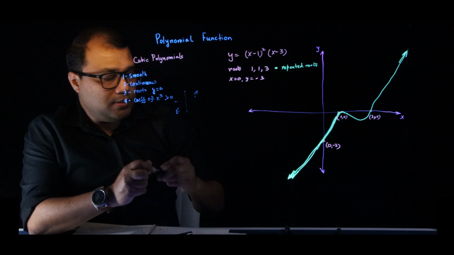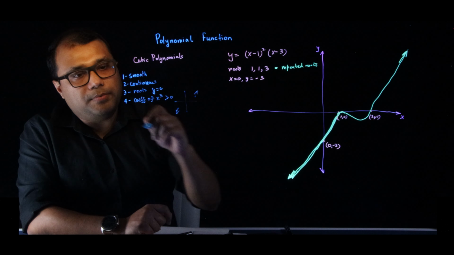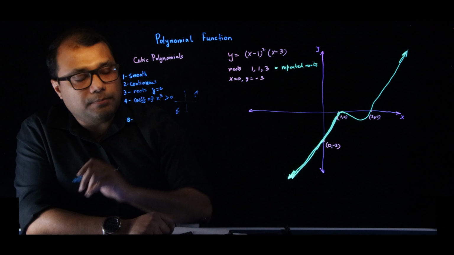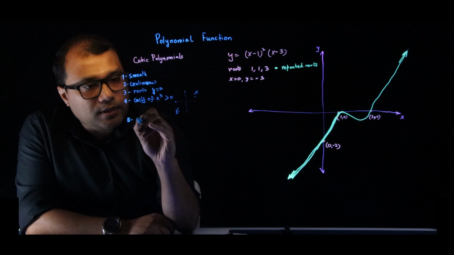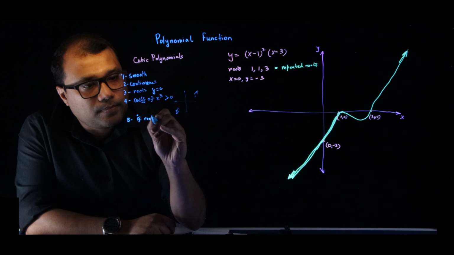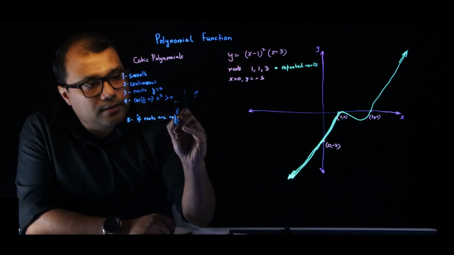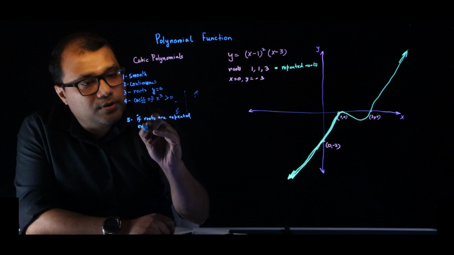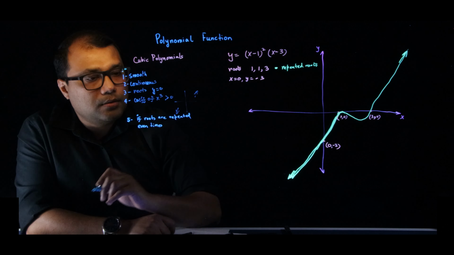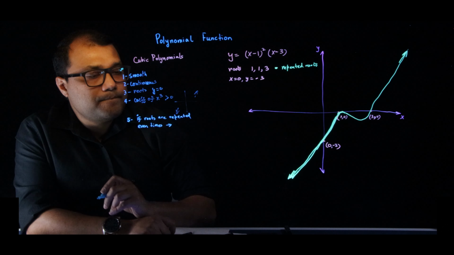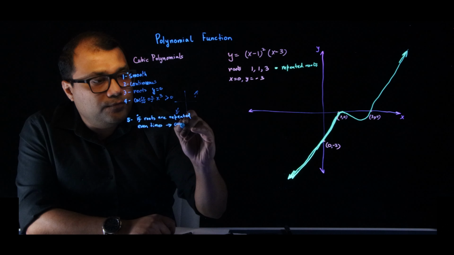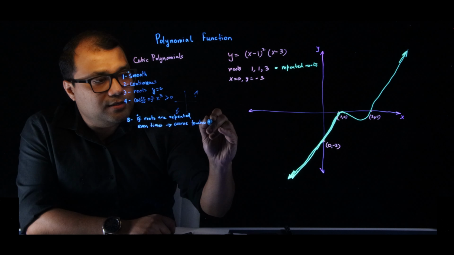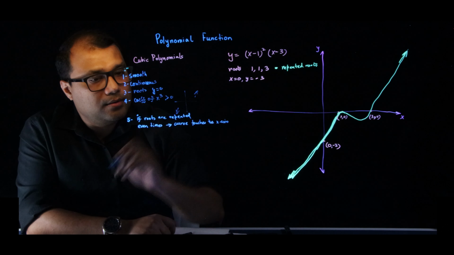there's an additional rule that you can keep in mind, which we can say number 5. If roots are repeated even number of times, then the curve touches the x-axis.